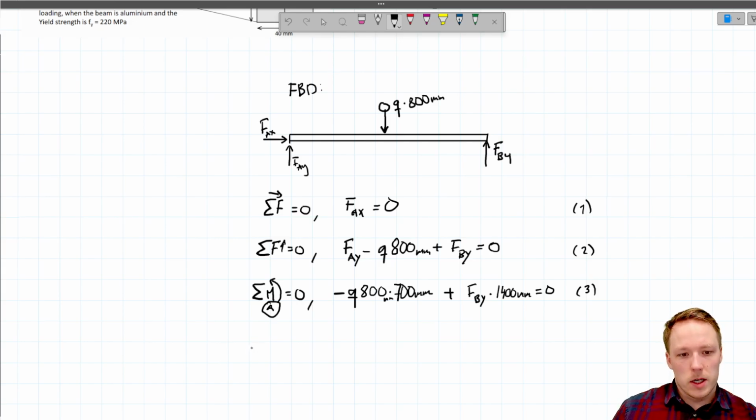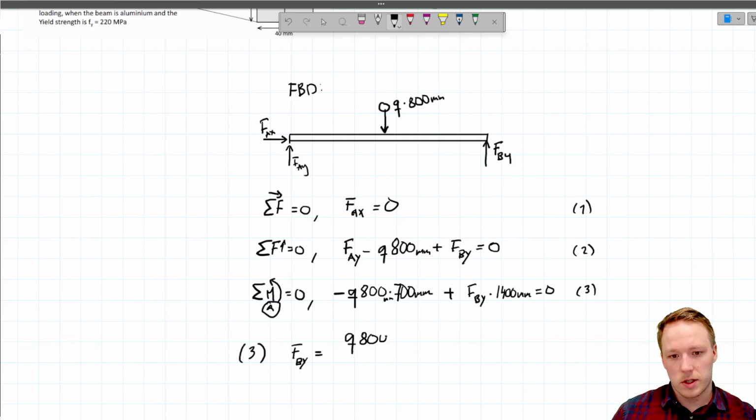How can we solve this? Well, from equation 3 we can solve what FBY is. FBY has to be Q times 800 millimeters times 700 millimeters divided by 1400.